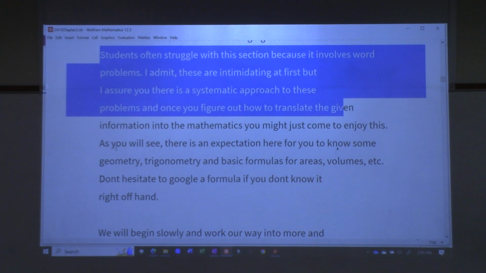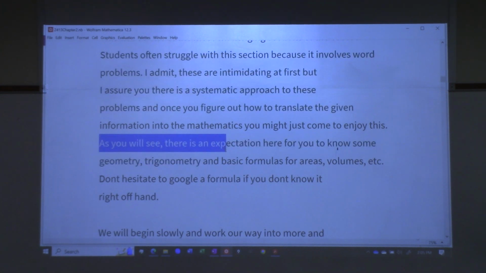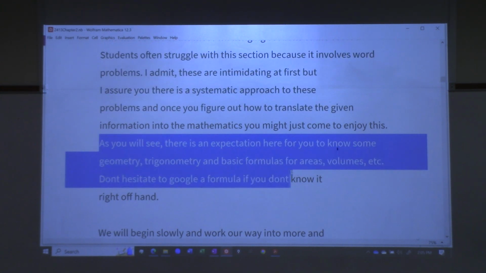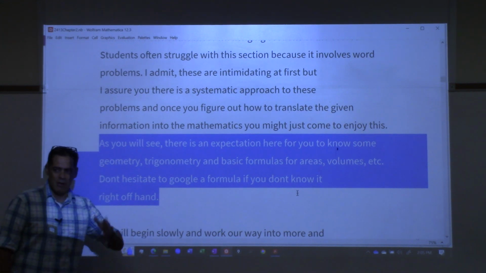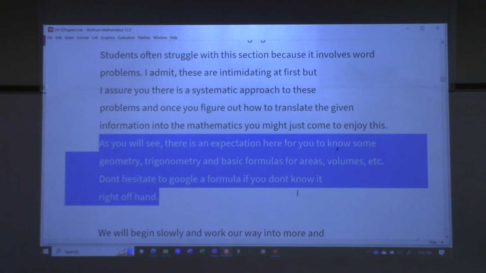As you will see, there is an expectation here, which again makes part of the challenge for you. There's an expectation that you know some geometry, trigonometry, basic formulas for areas, volumes, etc. And if you're at home doing homework and trying to figure something out, you've got Google, you've got all these things. Remember your formula sheets.